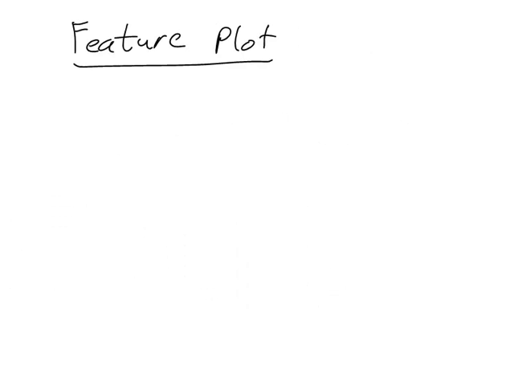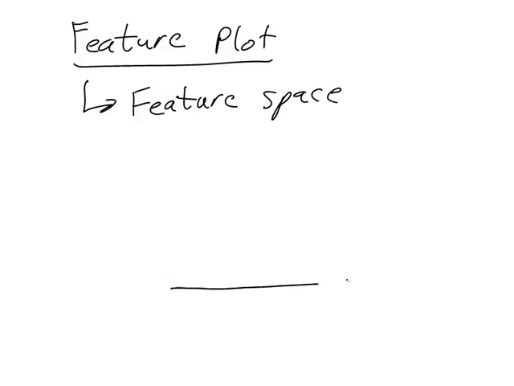Let's take a look at what a feature plot is. A feature plot is a plot in a space that we call feature space. Feature space is a space in which each axis represents one feature that we have extracted from the objects.